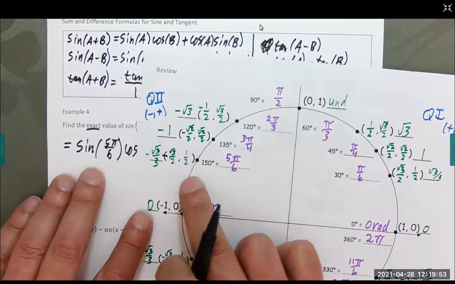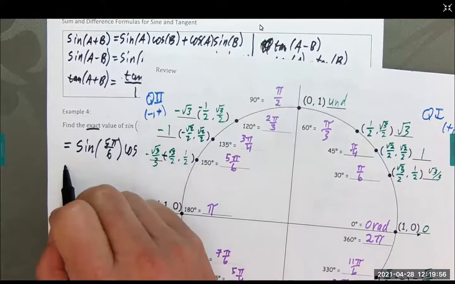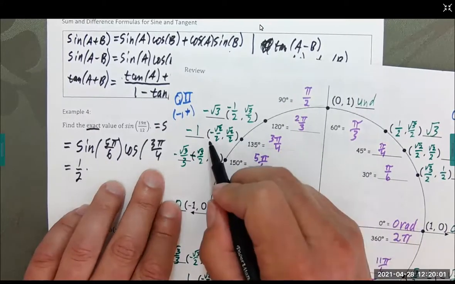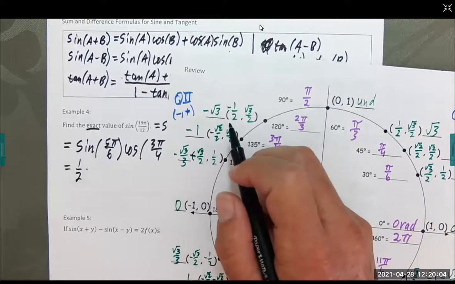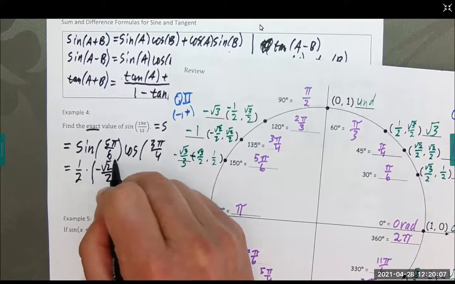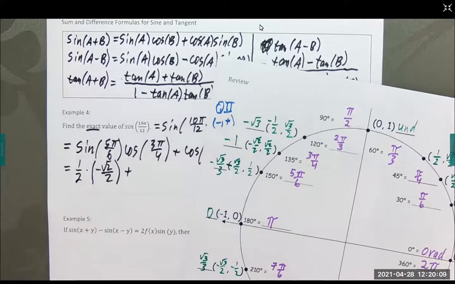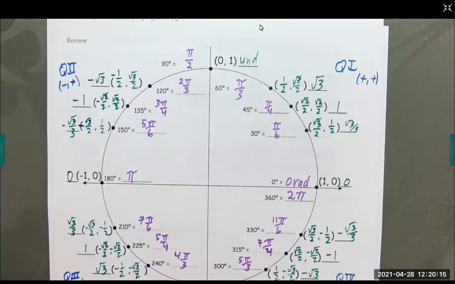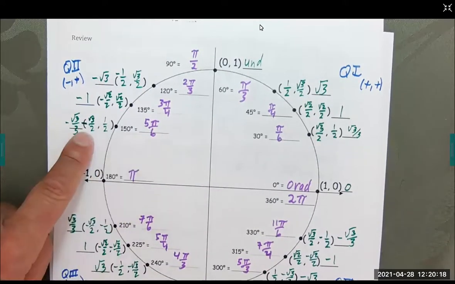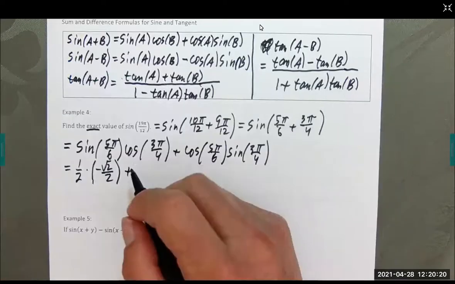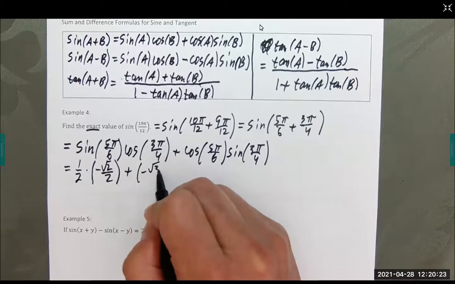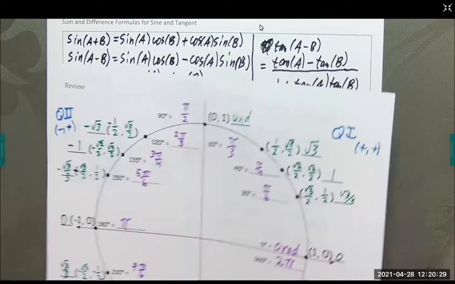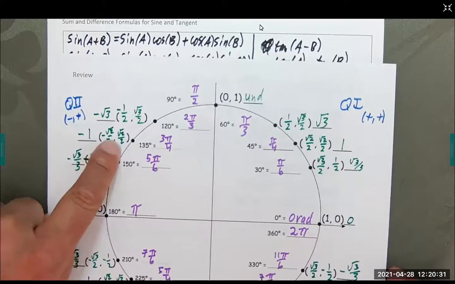Sine is the y value, so that's going to be a positive 1/2. Cosine of 3 pi over 4, 3 pi over 4 is here. Cosine is the x, that's a negative root 2 over 2. Cosine of 5 pi over 6, 5 pi over 6 is here. Cosine is the x, that's negative root 3 over 2. And sine of 3 pi over 4, sine is the y-coordinate, it's a positive root 2 over 2.